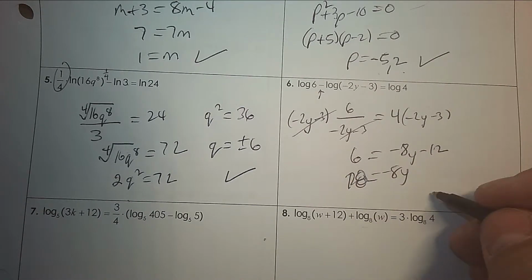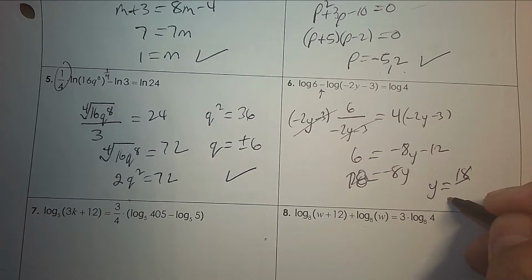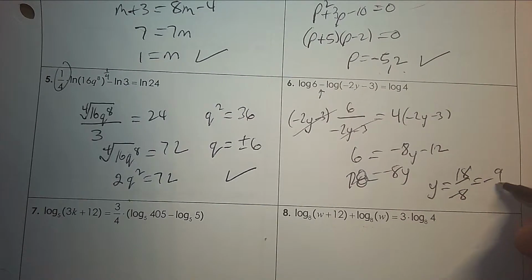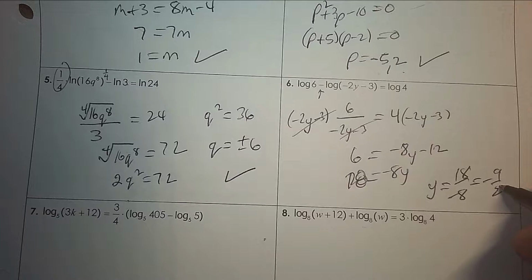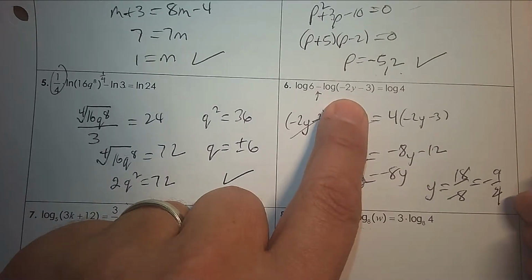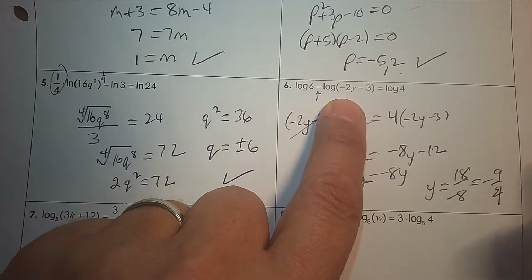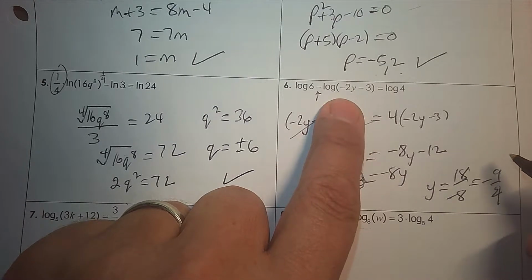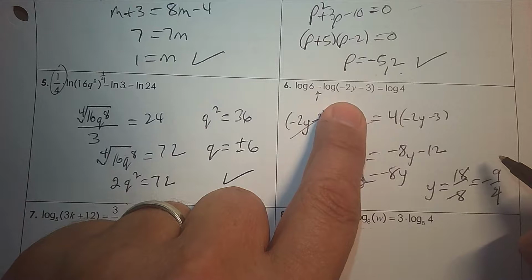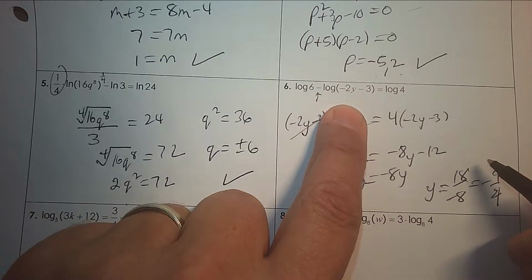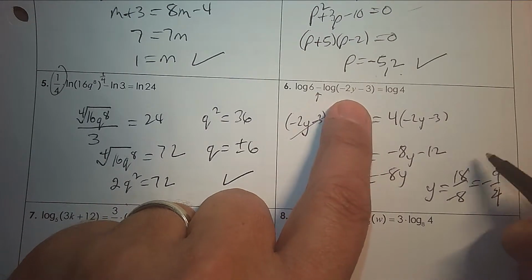So when you divide, you get 18 over negative 8, or negative 9 over 4. When you plug a negative number in here, this takes a bit to think through. A negative times a negative would be 18 over 4, which would be bigger than negative 3, so it'll give you a positive answer and still work.